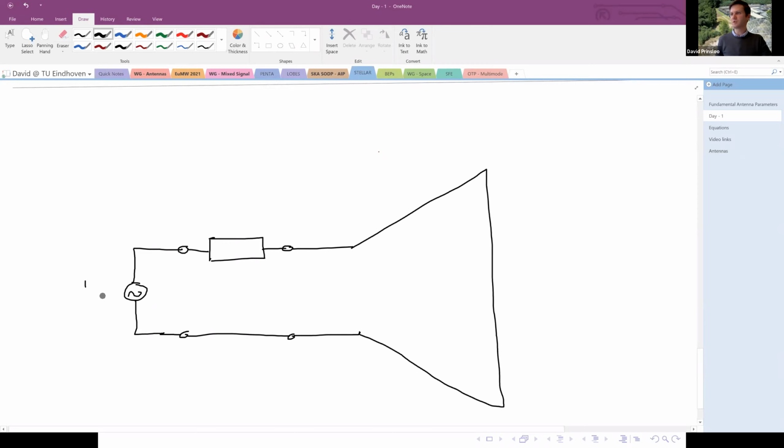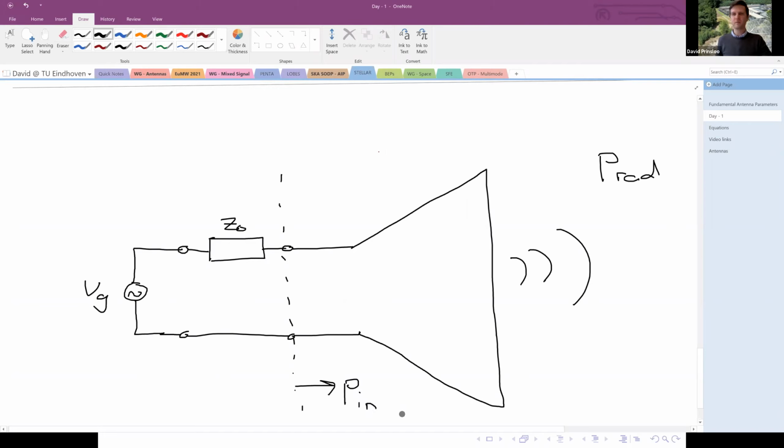So here we've got a generator, source impedance, and the antenna. This antenna radiates the radiated power. And at this point here, we've got the accepted power by the antenna.